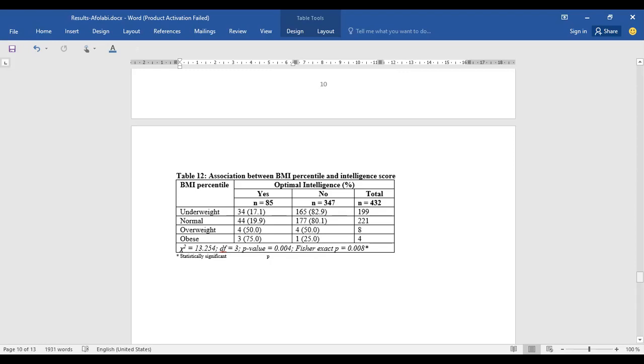When you look at this one now, we saw that the intelligence increased with the BMI, as if the more obese you are, the more intelligent you'll be. That's what it's showing.